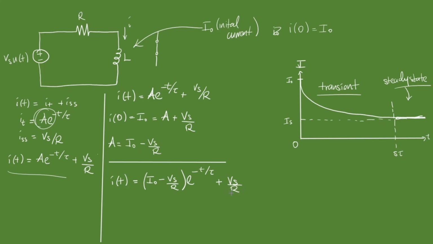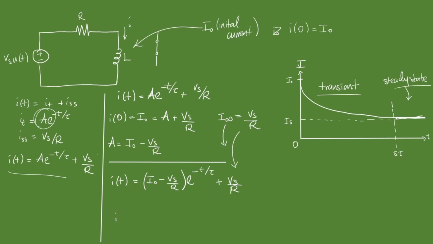Usually this steady state term will come before the bracketed exponential, because you have steady state and transient, just so it looks prettier. And what we're going to do now is make the substitution that the current at the source, I infinity, is going to be Vs over R. So we're going to substitute this for Vs over R in our formula.